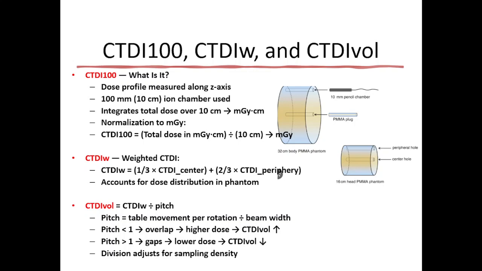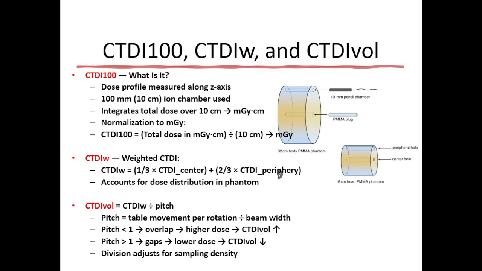Finally, we have CTDIvol. This adjusts for the pitch of the scan. If pitch is less than 1, the table moves more slowly. Slices overlap. This results in higher dose, and therefore CTDIvol goes up.